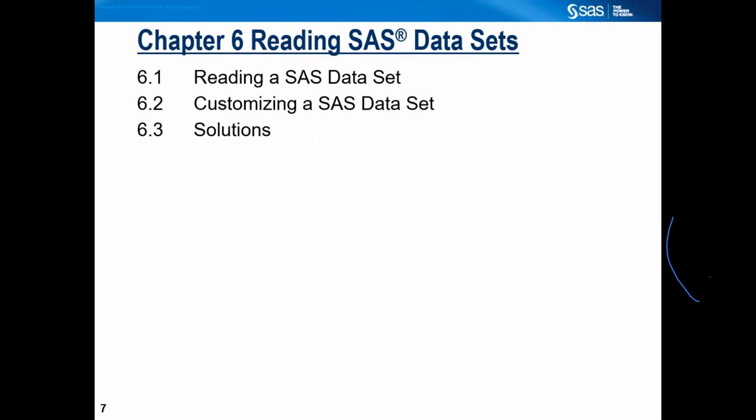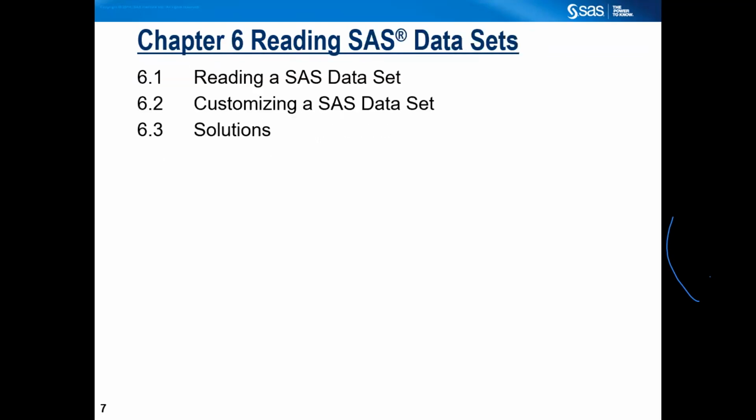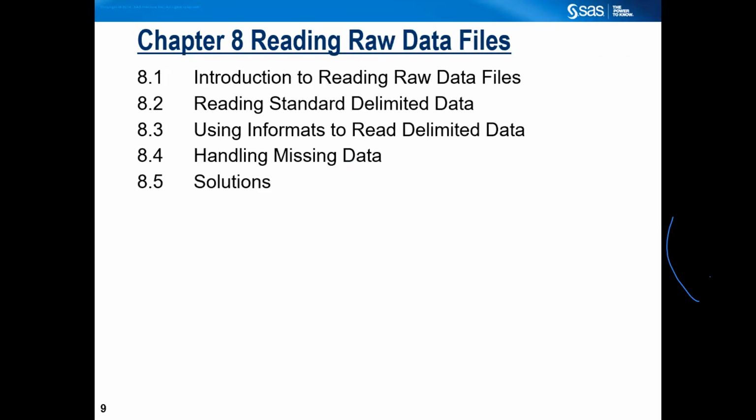As a data analyst, you will learn how to create SAS data sets from existing data sets. In the seventh chapter, you'll learn how to create SAS files by reading from Excel sheets and databases like Oracle. Then the eighth chapter is creating data files by reading from raw data.